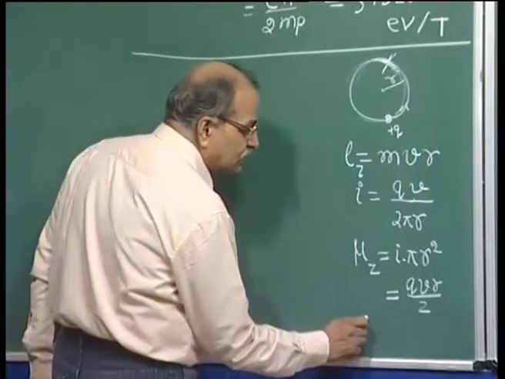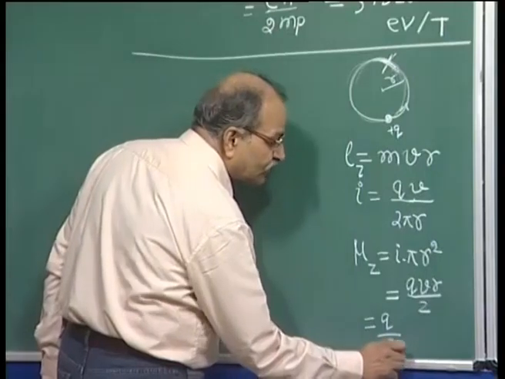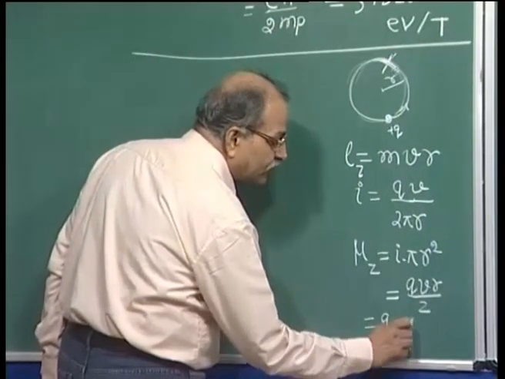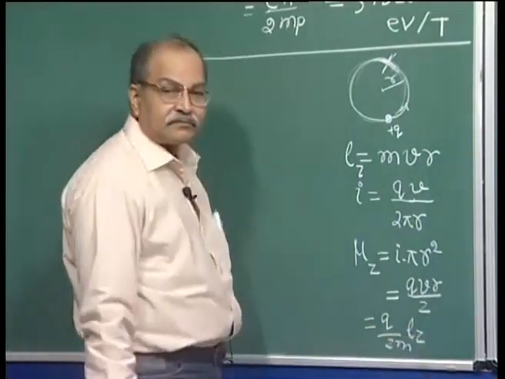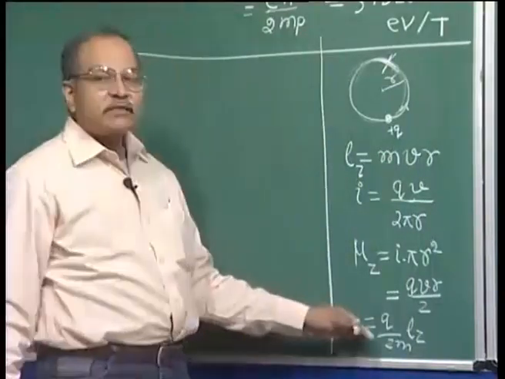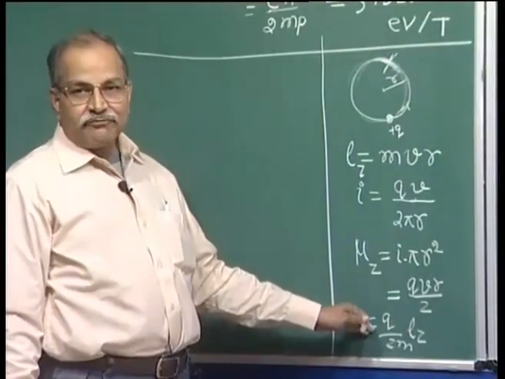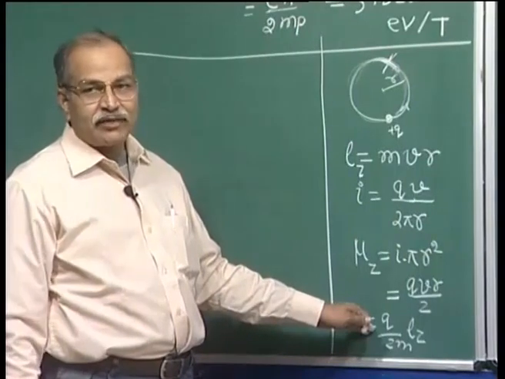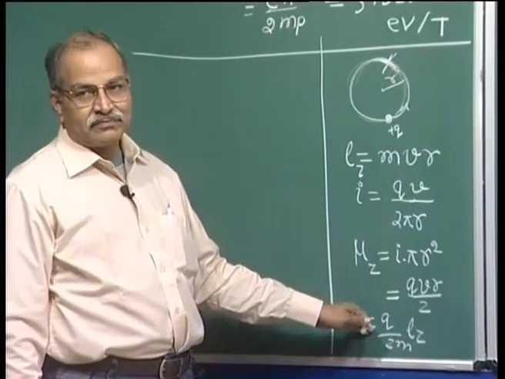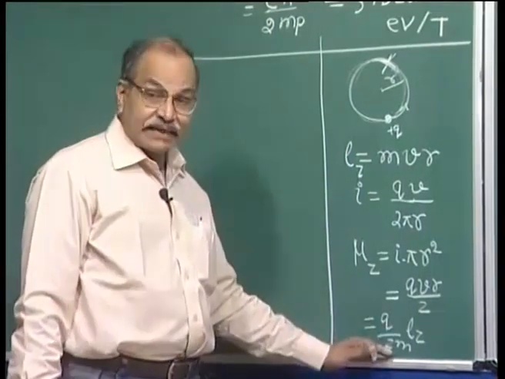If you put mass in the denominator and numerator, it is q divided by 2m times angular momentum. Now, this equation turns out to be accurate in quantum mechanics also, if you are only talking of orbital angular momentum. For orbital angular momentum, this formula is still correct.